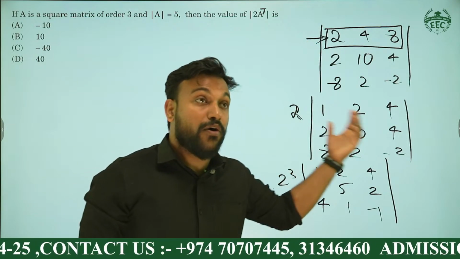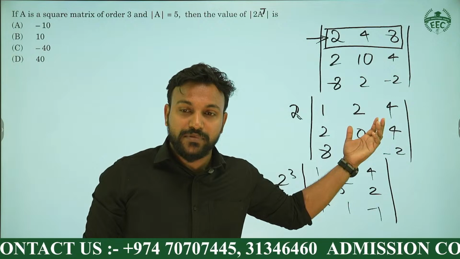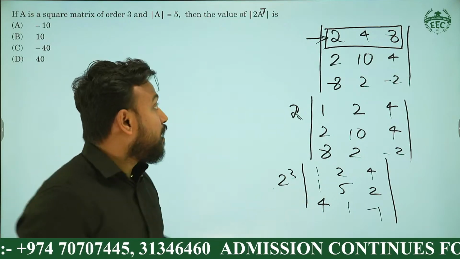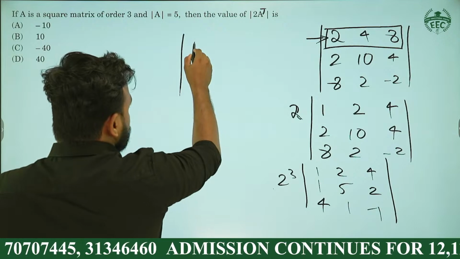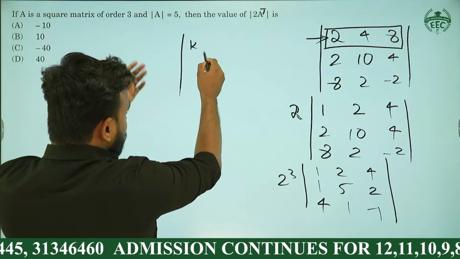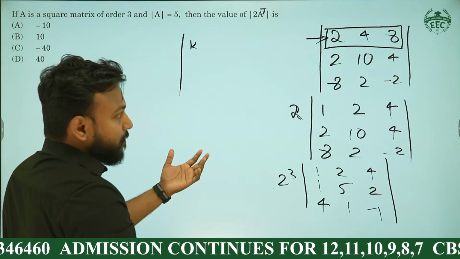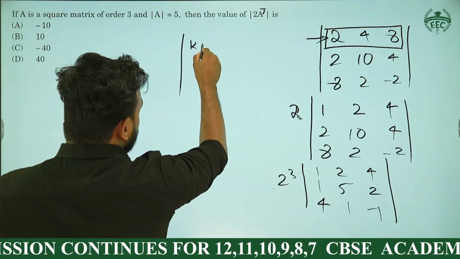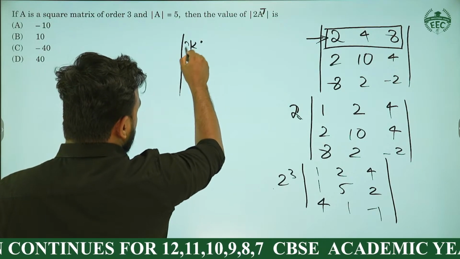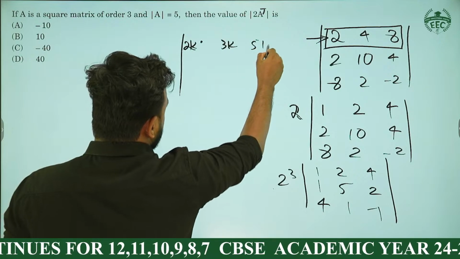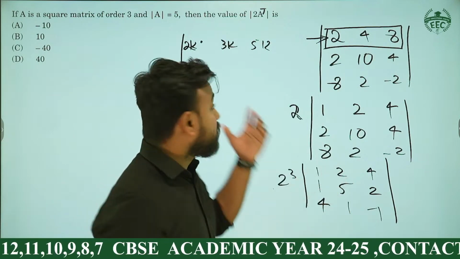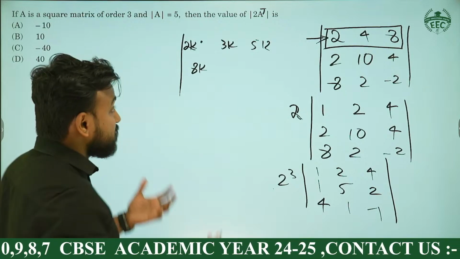If there are 4 rows or 4 columns, then there will be 2 raised to 4 if you are taking 2. Otherwise, I'm going to tell you something: if a 3 by 3 matrix is multiplied with k, then you will get k, 2k, 3k, 5k, 8k, whatever the constant. Here the constant is 2, but now I'm talking about a general constant k.